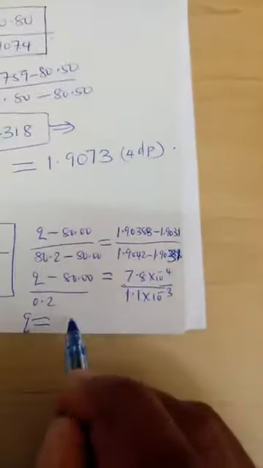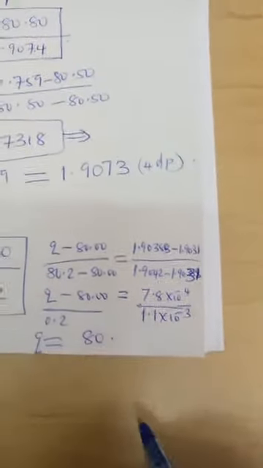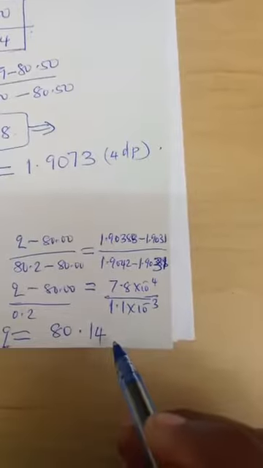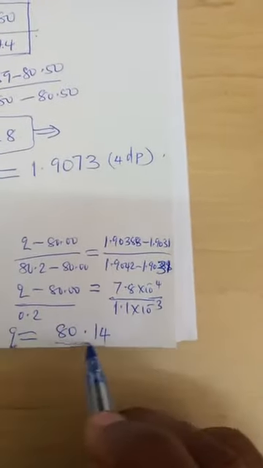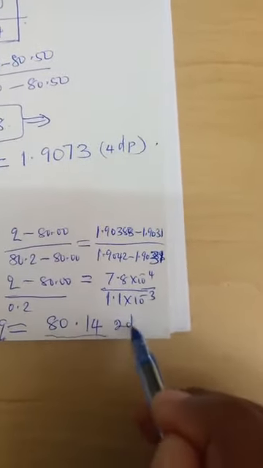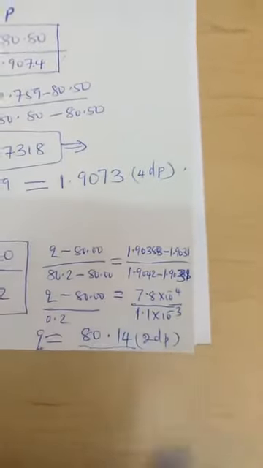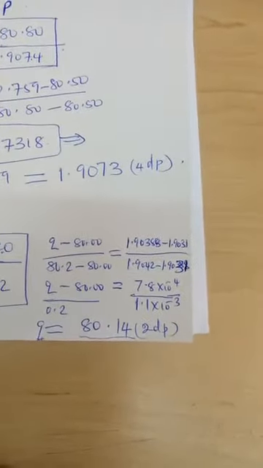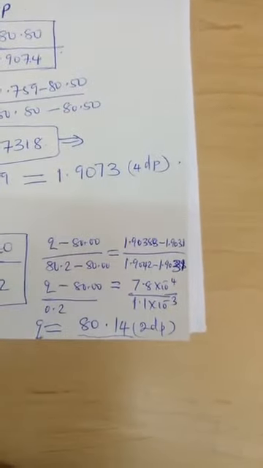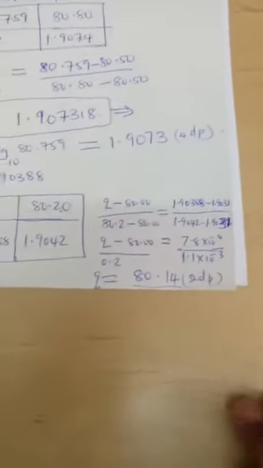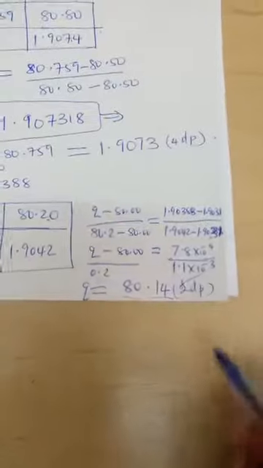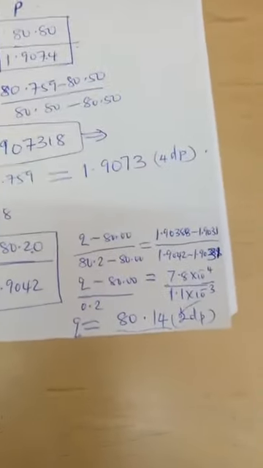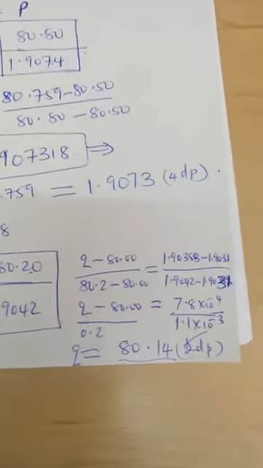It should give us Q as 80.14. Since they are using two decimal places, this will be the answer, 80.14 to 2 dps. So basically, that would be the approach.